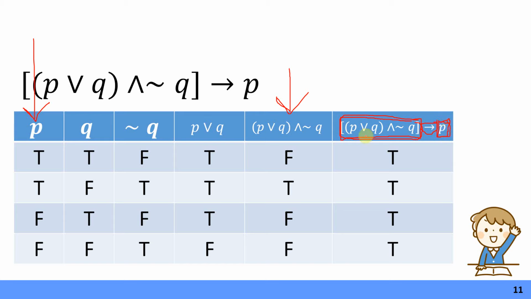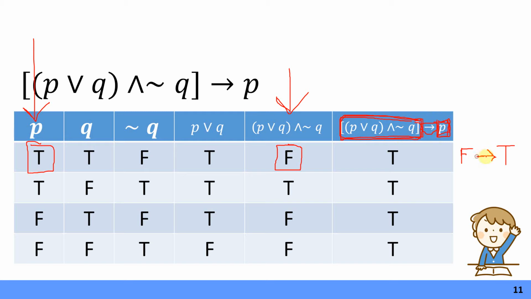Okay, so I'm going to write this slowly. For the first row, we're going to take this letter first. So if false, then the P value is true. So true. Okay, so hopefully you know what's happening, right? I'm taking this truth value first, then this truth value.